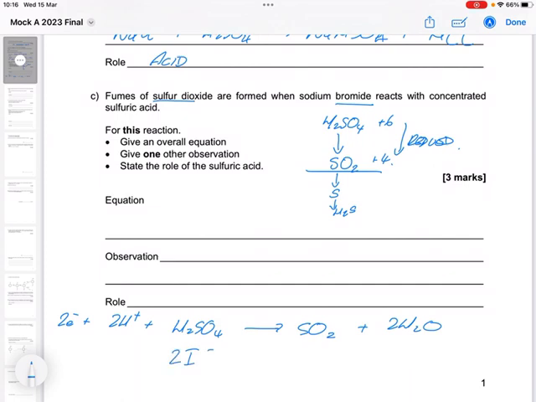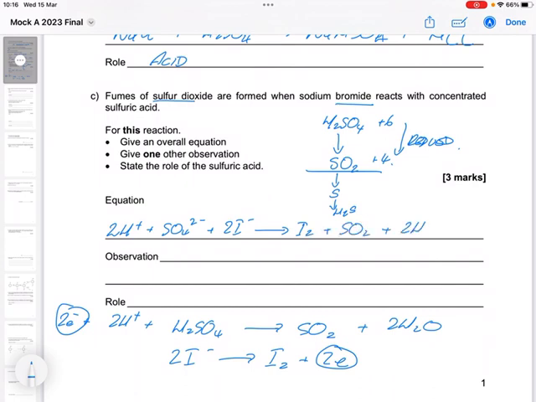The iodide forms iodine, 2 electrons here. The electrons cancel out, so I just need to combine these 2 equations as they are. So 2H+ plus SO4 2- plus 2I- gives I2 plus SO2 plus 2H2O.